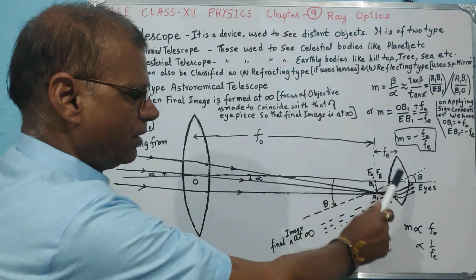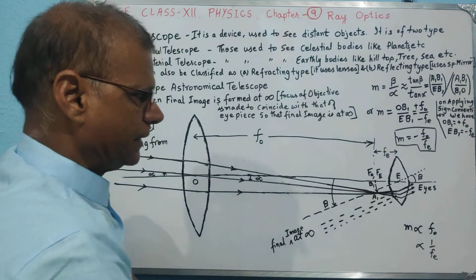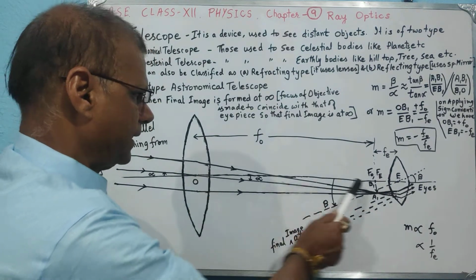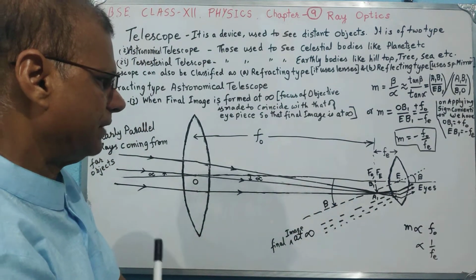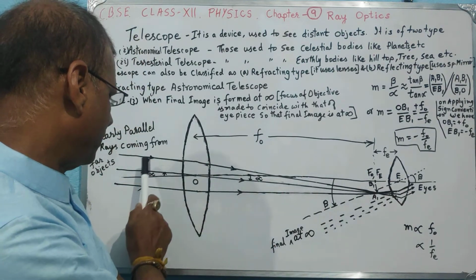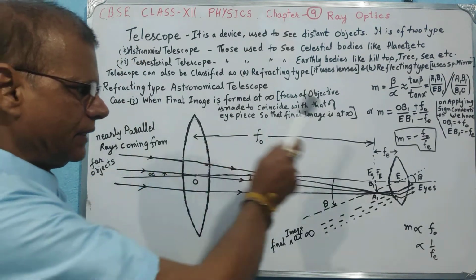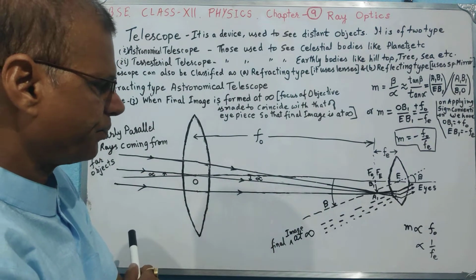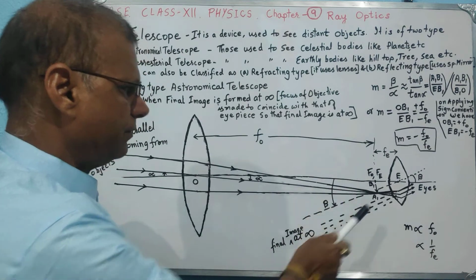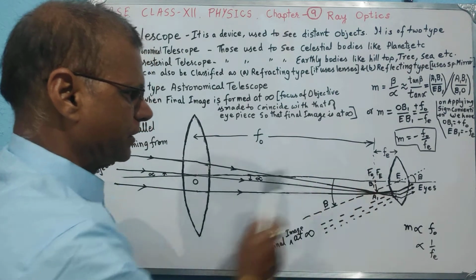Now we adjust the position of eyepiece such that the focus of eyepiece coincides with the focus of objective lens, so that the image A1B1, which is formed by the objective of the distant object, this image, which is real and inverted, acts as the object for the eyepiece.